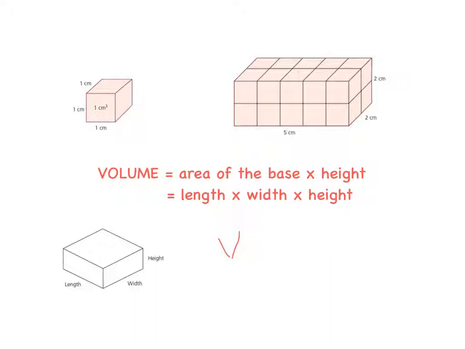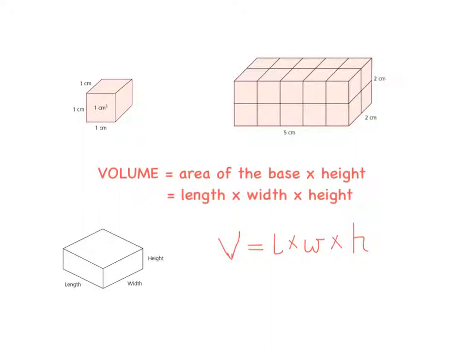The volume, and we always use the capital V, is L for length multiplied by W for width and multiplied by height H. So you need to remember this formula. This part is the area of the rectangle of the base, and then this one is the height.